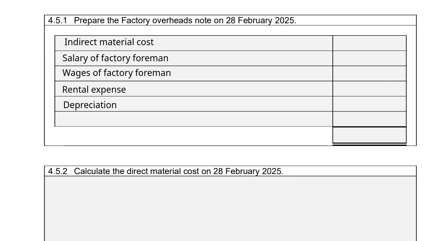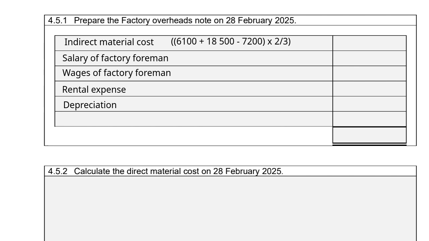For indirect material cost, we're going to look at our opening stock, we're going to add our purchases, and we're going to minus our closing inventory for indirect materials. And then if we read further in information 3B, 2/3 of the indirect materials are used in the factory. So to do the calculation, our opening balance is 6,100.